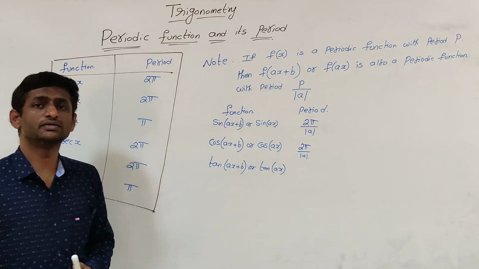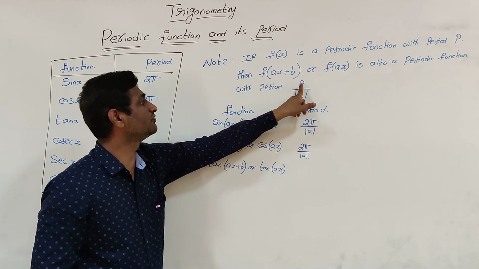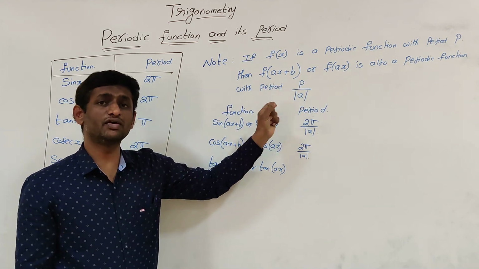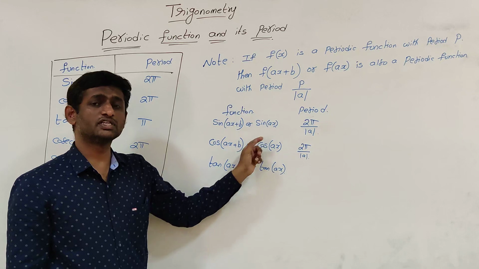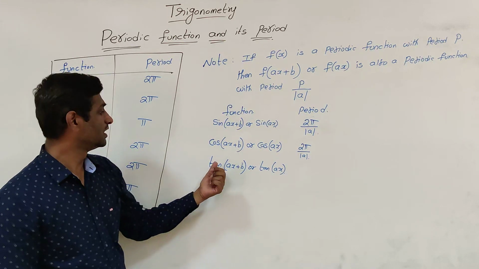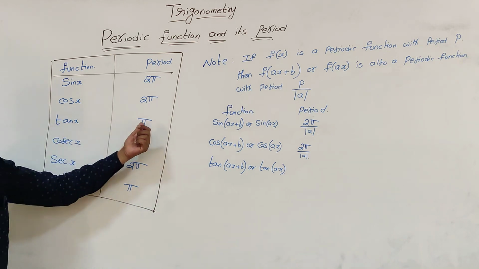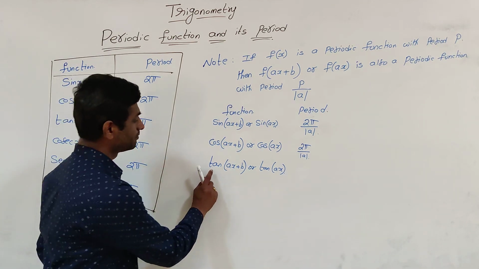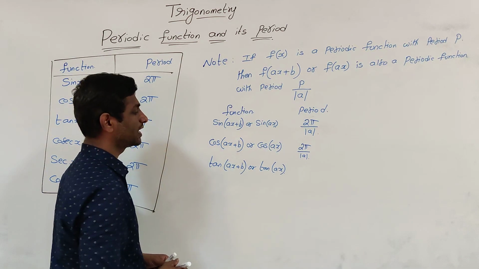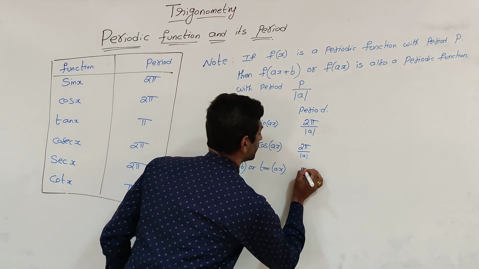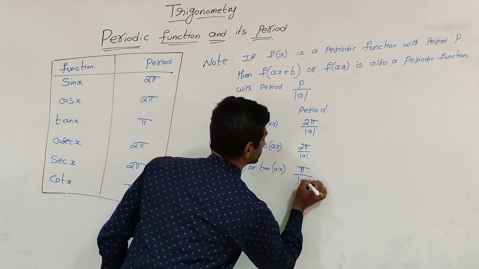The period is p by mod a, where p is the period of the respective trigonometric function. As the function is tan x, whose period is pi, the period of tan of ax plus b or tan ax is pi by mod a.